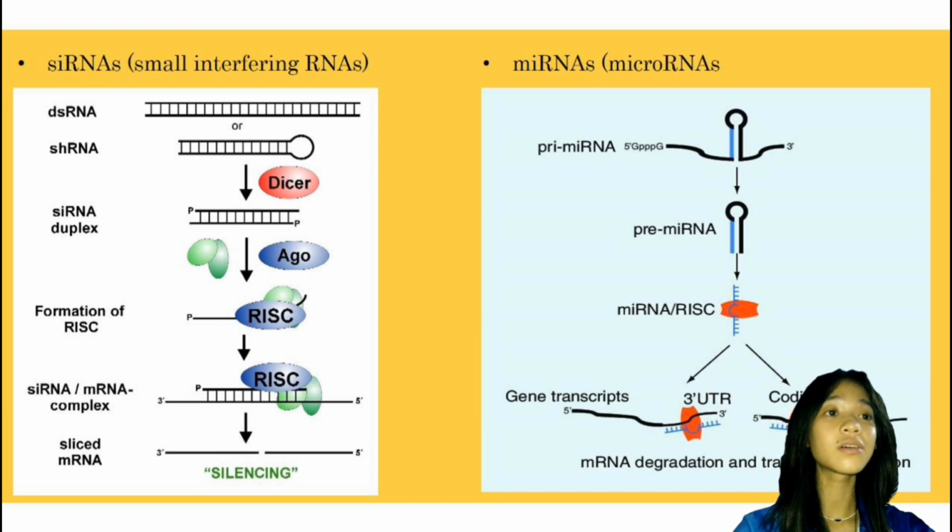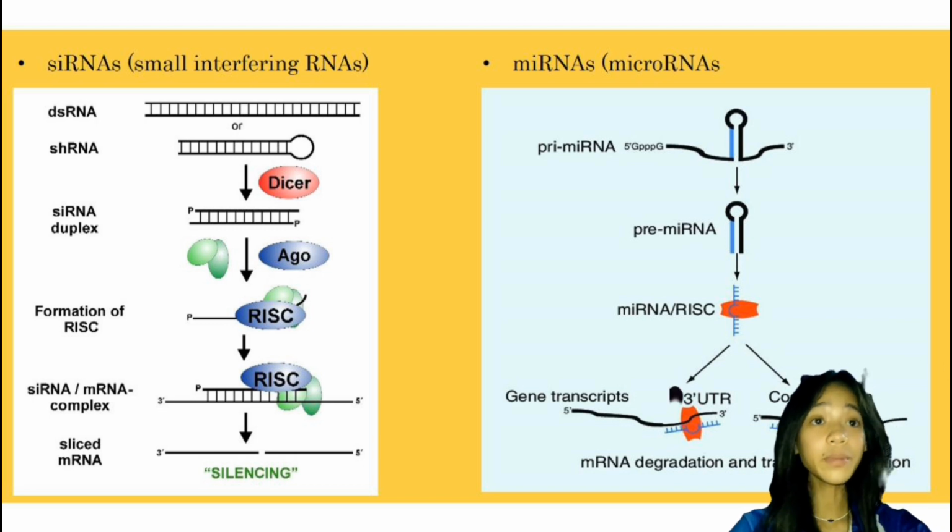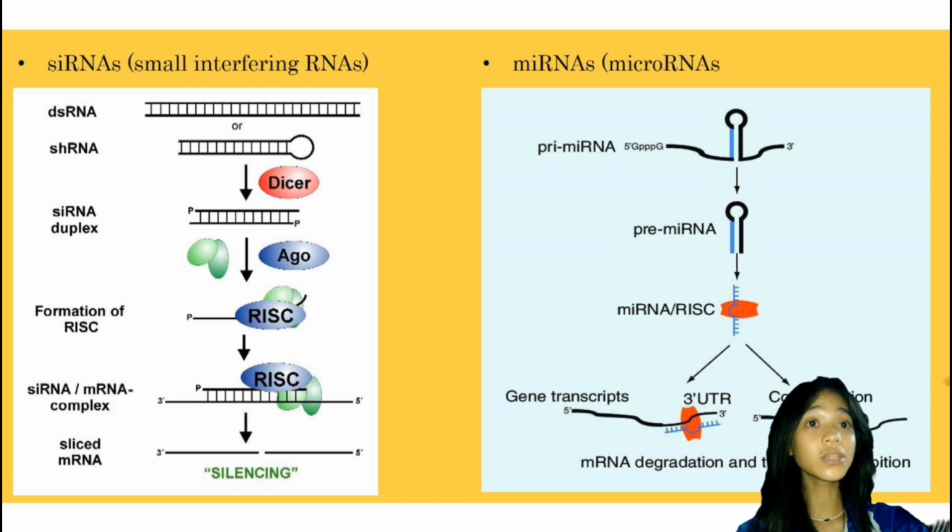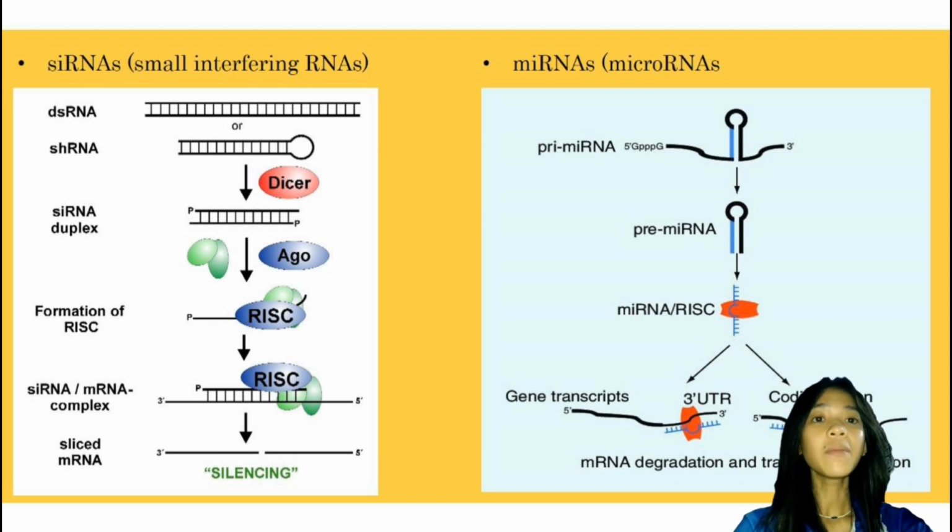So, dito tayo sa microRNAs. Dito naman, they are folded into hairpin structures and are processed by a series of enzymes, including Drosha and Dicer, into mature miRNAs that are single-stranded like siRNAs.